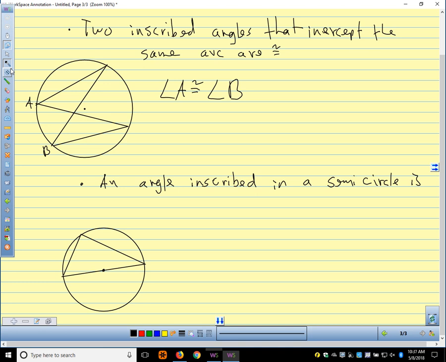Half of 180 is 90. An angle inscribed in a semicircle is a right angle. So the measure of angle C is 90 degrees. So if we inscribe an angle in a semicircle, it has to be a right angle.